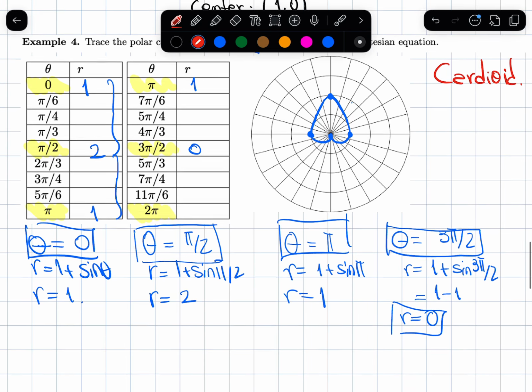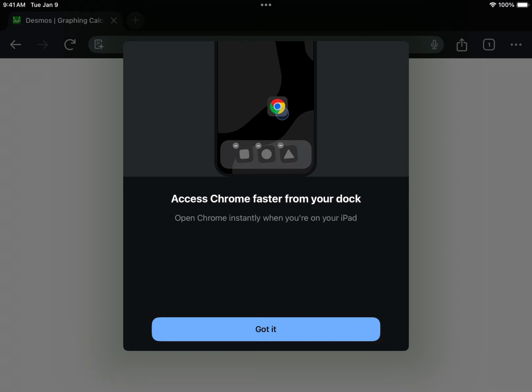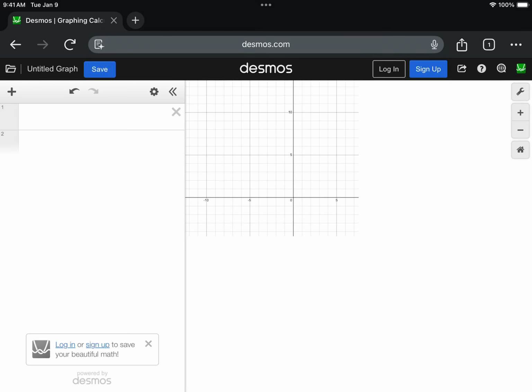One thing that you can do sometimes to double check that your work is correct is to use something like Desmos's graphing calculator and literally just type in the equation.